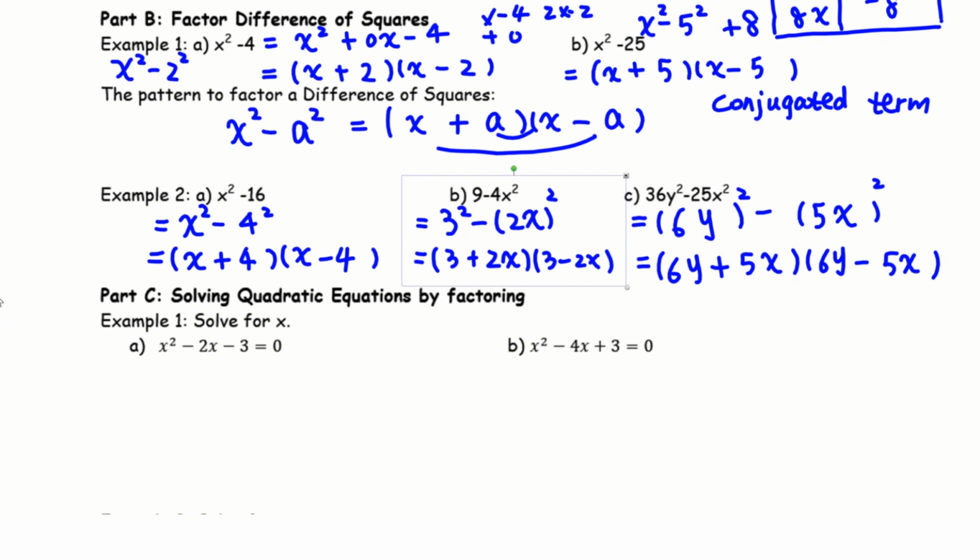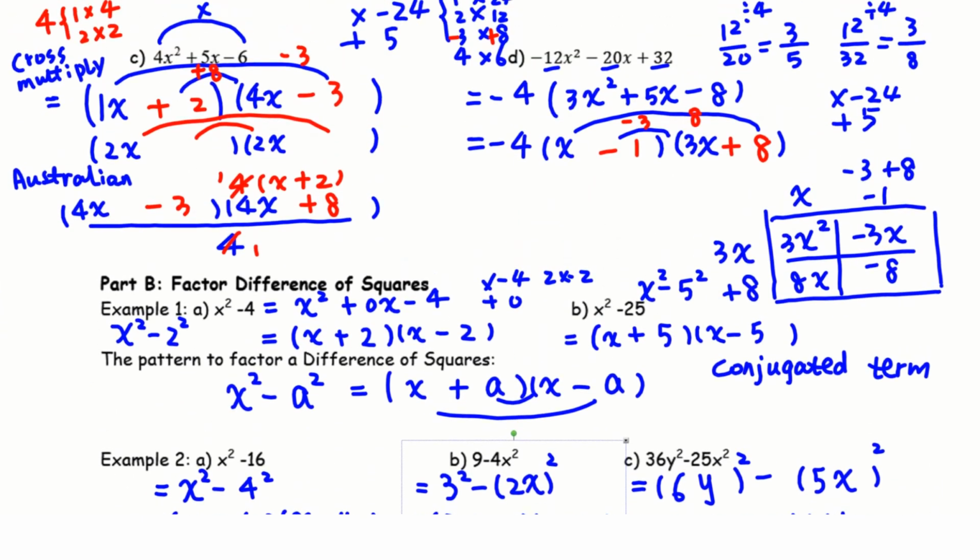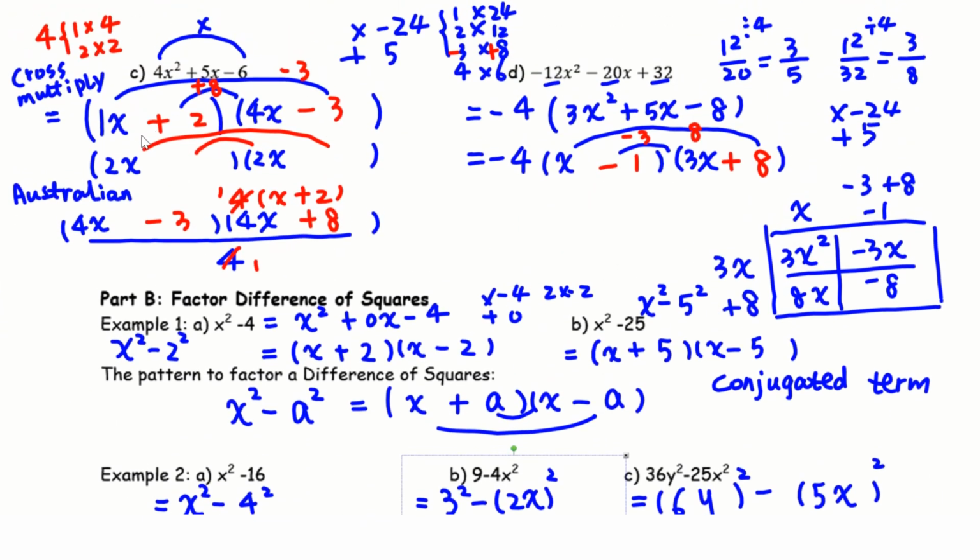And for tricky trinomial, we have shown you the different method, cross multiply. Always greatest common factor first, and outside in the bracket the a value. We factor it, then how many pairs you have, how many options.